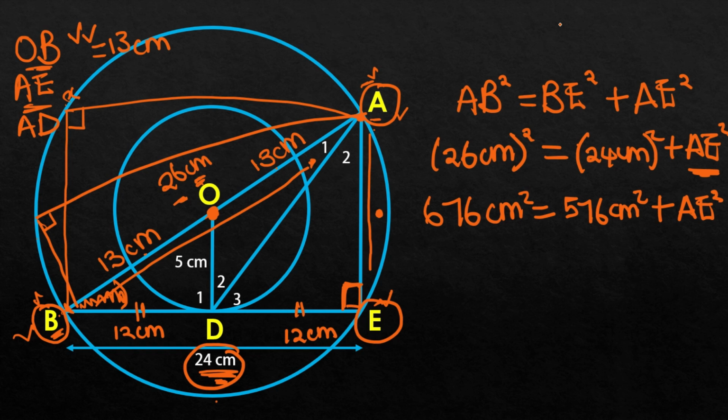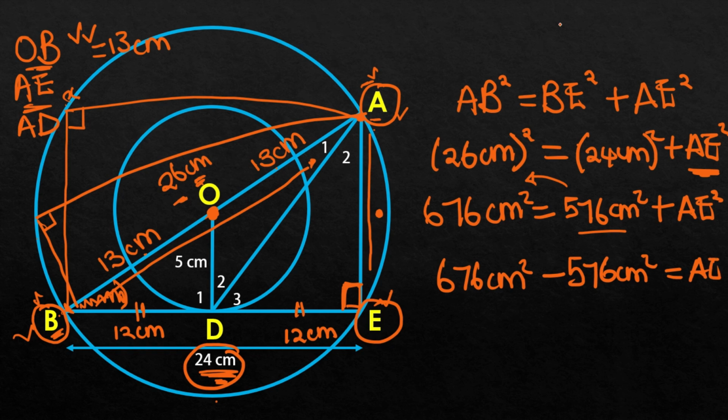So we're going to take this to the left hand side of the equal sign, so it is going to change the sign. So we're going to have 676 centimeters squared minus 576 centimeters squared is equal to AE squared. So 676 minus 576 is going to give you 100 centimeters squared is equal to AE squared.